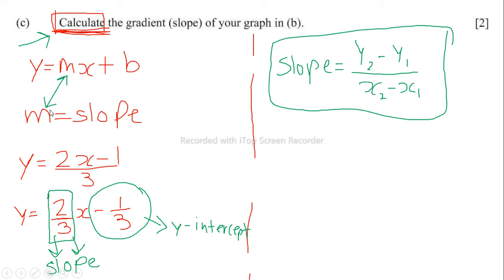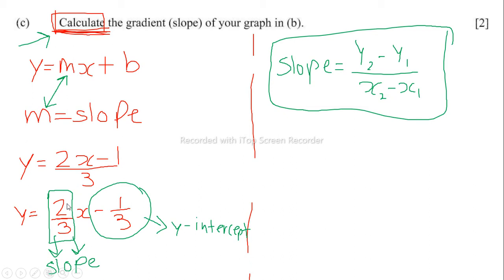That means the number in front of x is the slope. So we took the linear equation and said this denominator 3 applies to both the 2x and the negative 1.